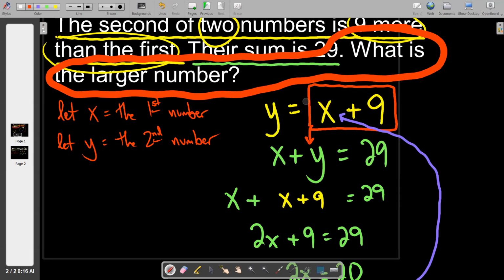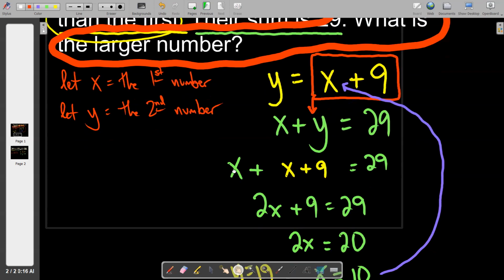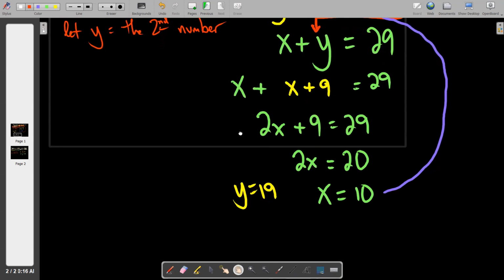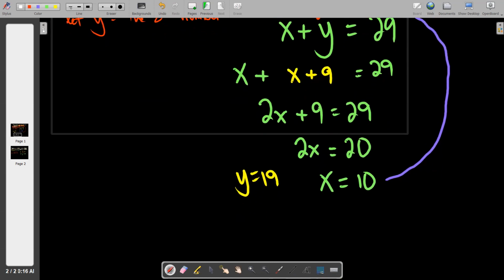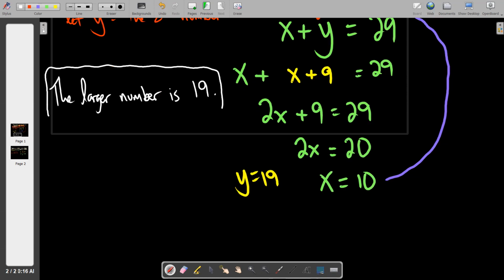Do not give all the information if it's not called for. You could cross some of it out or box some of it up specifically. That's fine. But I'm just going to answer the question. Which one of them is clearly larger? So I'm going to say the larger number is 19. That's what was asked for. That's what I'll provide.